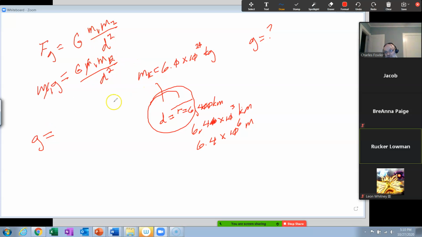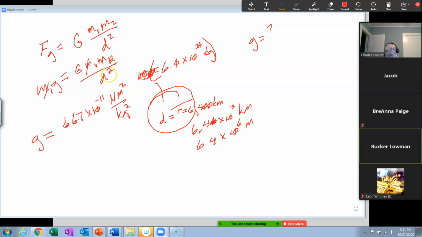So what do we have for little g, acceleration due to gravity? It's our good old constant, 6.67 times 10 to the minus 11th newton meter squared per kilogram squared. Times, we already got rid of m1, the mass of the Earth.